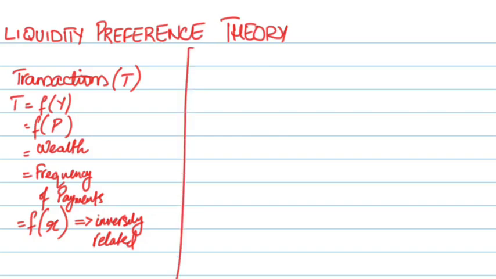Then we have what's called the precautionary demand, denoted by P. Now, the demand for P depends on individuals, and basically it's more of a cushion kept against emergencies. Let's say you fall sick suddenly, and you need to have a small stack of cash that you can use for emergency services.